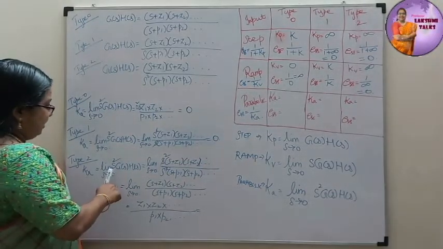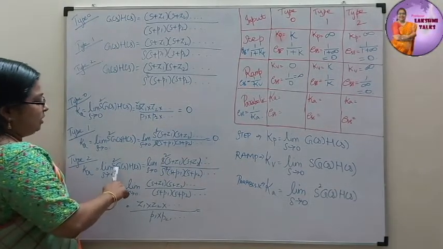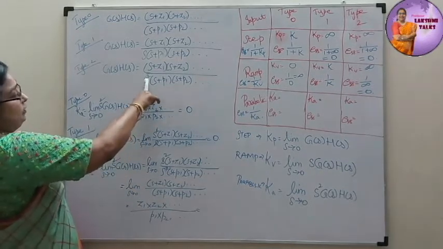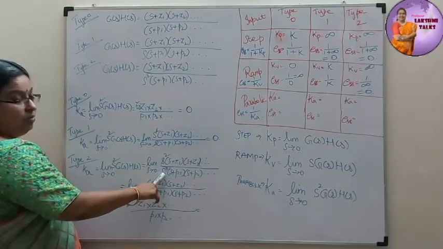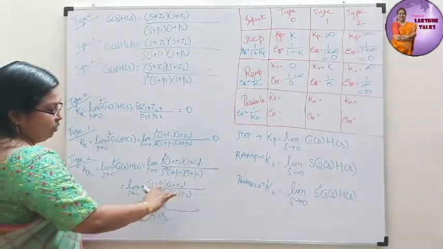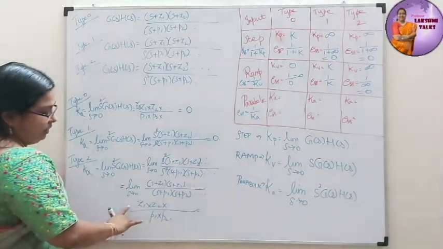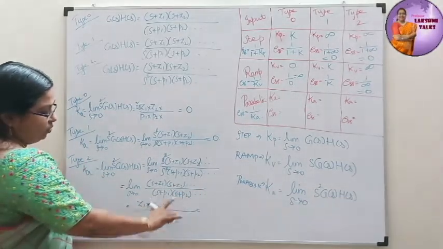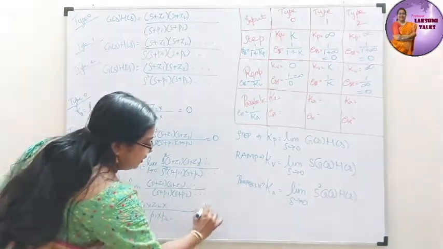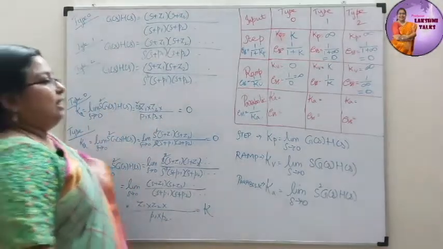And now here it's a type 2. Type 2 means you have s square into G(s)H(s). So what is G(s)H(s)? G(s)H(s) has an s square in the denominator. So both the s squares get cancelled. So you will be having only this. So when you apply limit s tends to 0, Z1 into Z2 into so on divided by P1 into P2 into so on, which is nothing but a constant K, right?